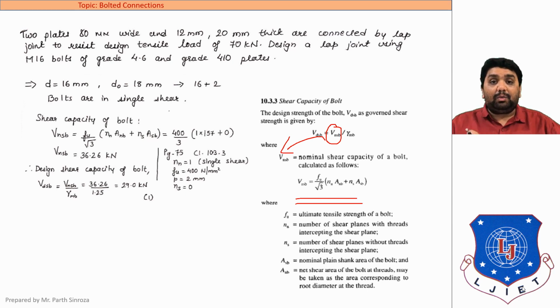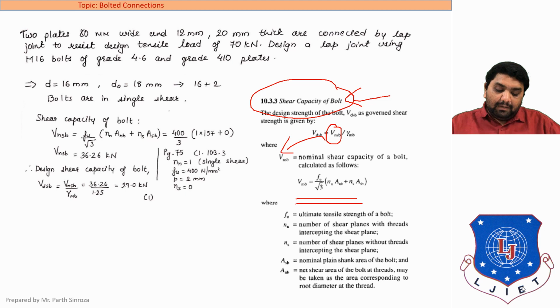This will be the equation that you will be dealing with in the next 3 to 4 chapters. Clear? So VNSB equal to FU upon root 3 (NN ANB plus NS ASB). Now FU will be the ultimate strength of what? Bolt. Keep in mind we are designing the bolt, so FU will be that of the bolt, that is in this case 400.